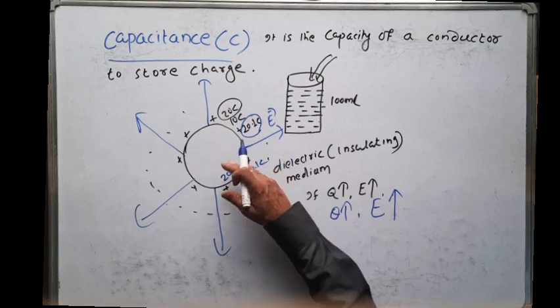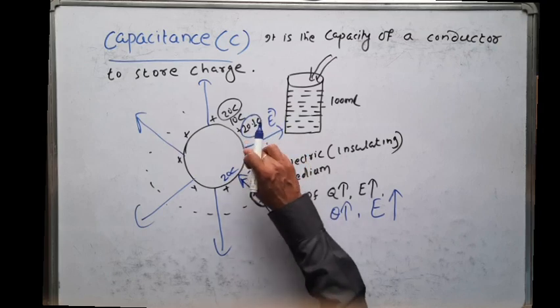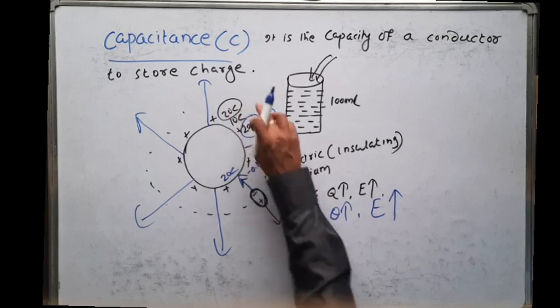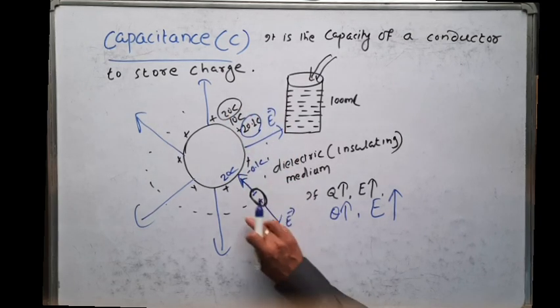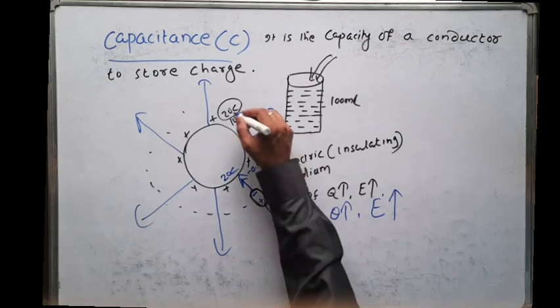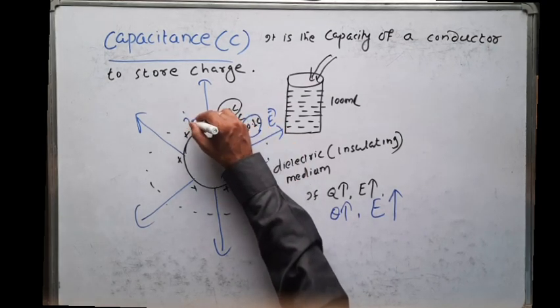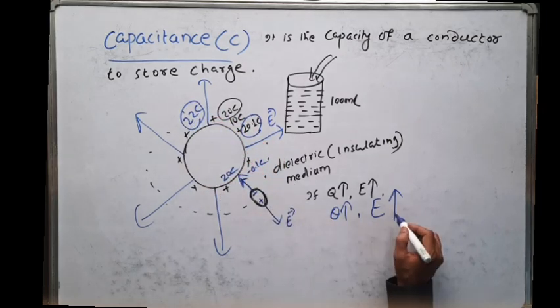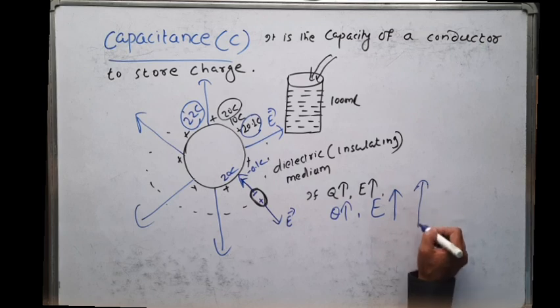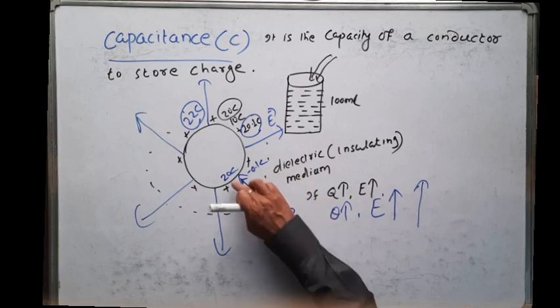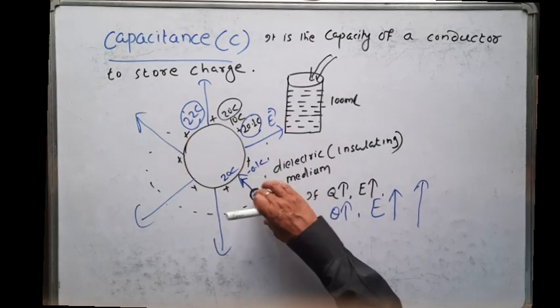Okay, so if we go beyond that value, it will not store more than 20 coulomb charge due to this phenomenon. Now suppose you try to give 22 coulomb charge. Electric field intensity will further increase, and due to this electric field intensity, more charge will come towards this positively charged body from the dielectric medium.